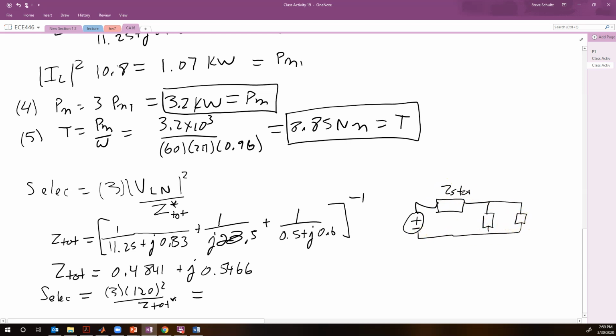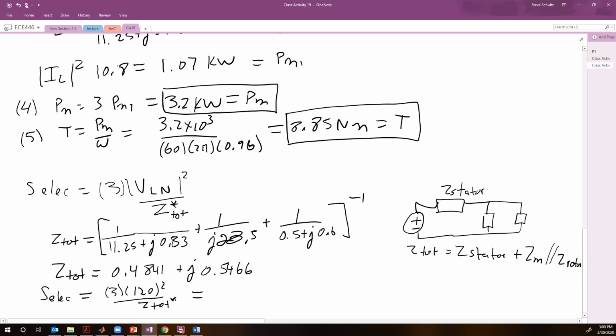So my Z total is going to be Z of my stator plus the Z magnetizing in parallel with the Z of my rotor.